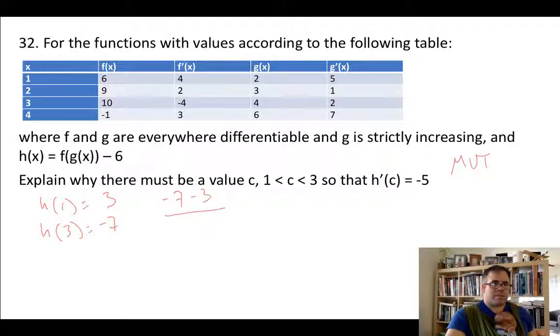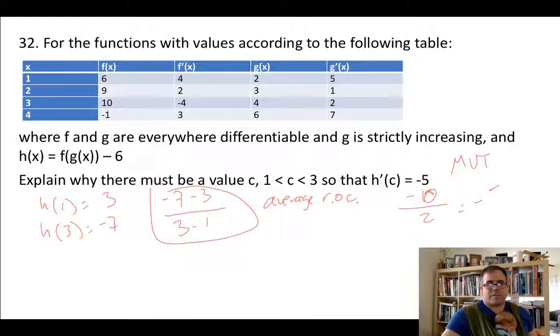So this is the average rate of change. -7 minus 3, that's -10. 3 minus 1, that's 2, so it's equal to -5.